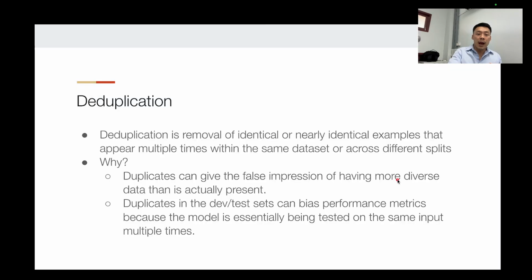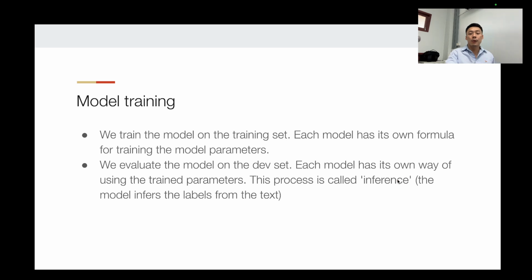So once you train the model, you always have to evaluate it on the dev set, so that you know how well it does. Evaluation is super important because we want to know whether there's a bug in your code or not.